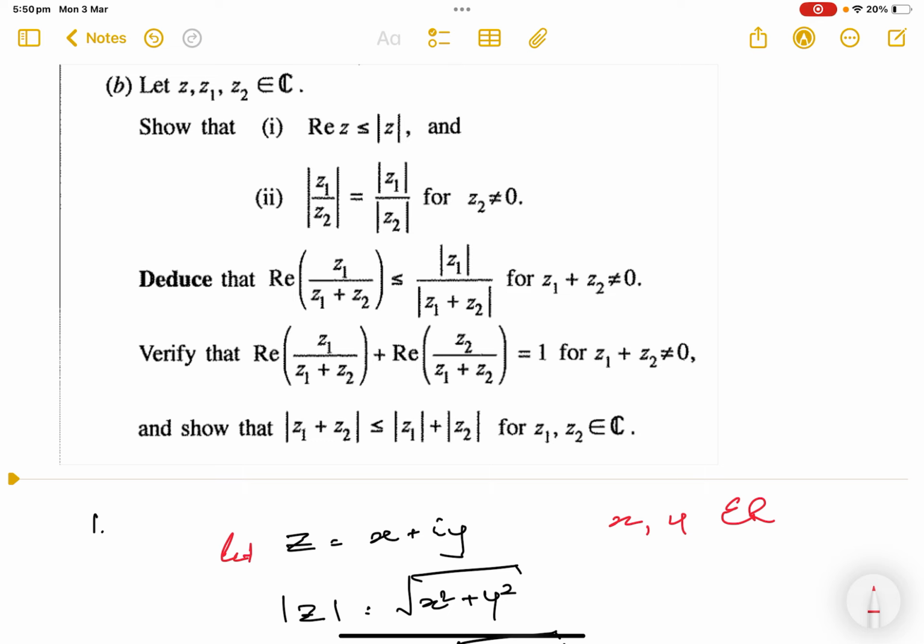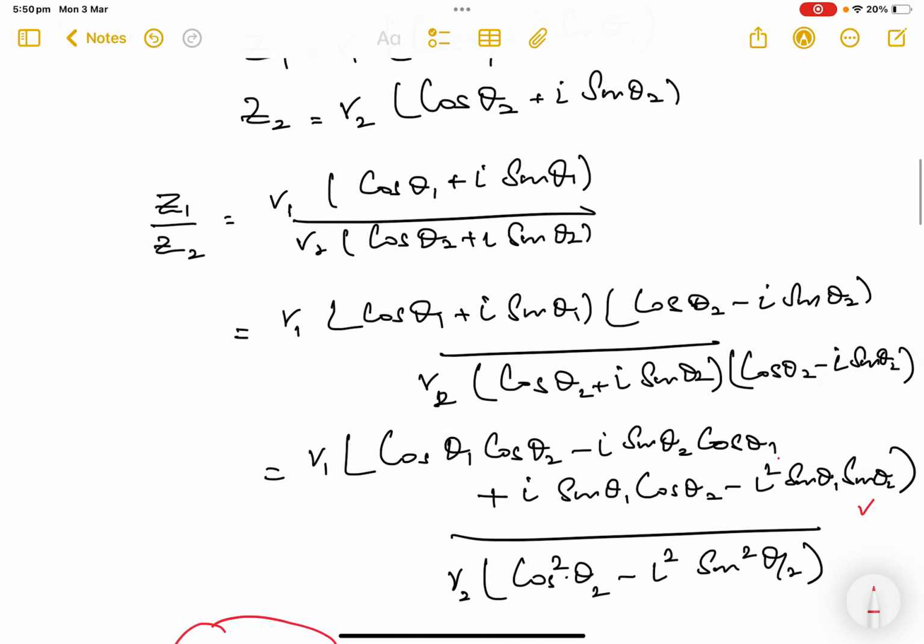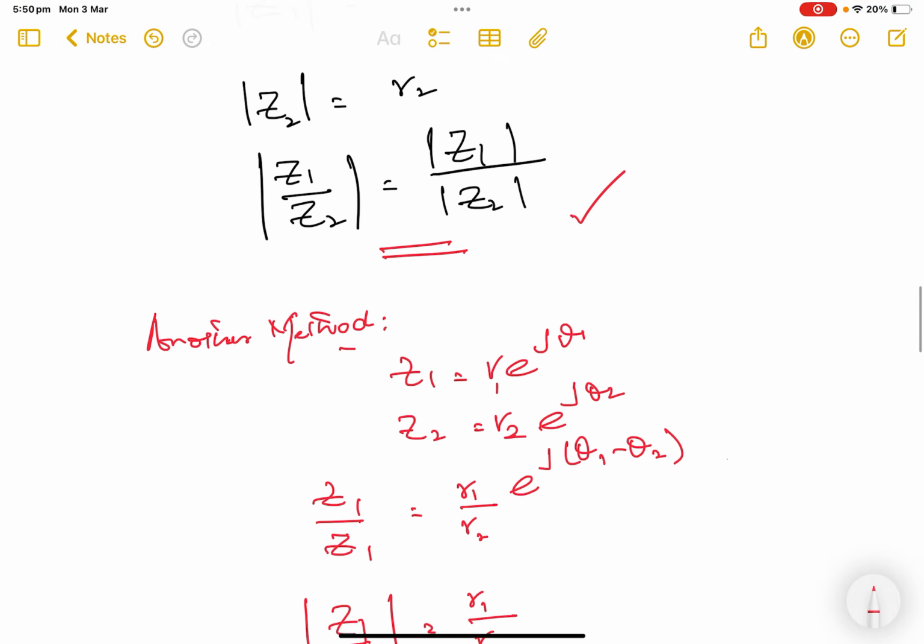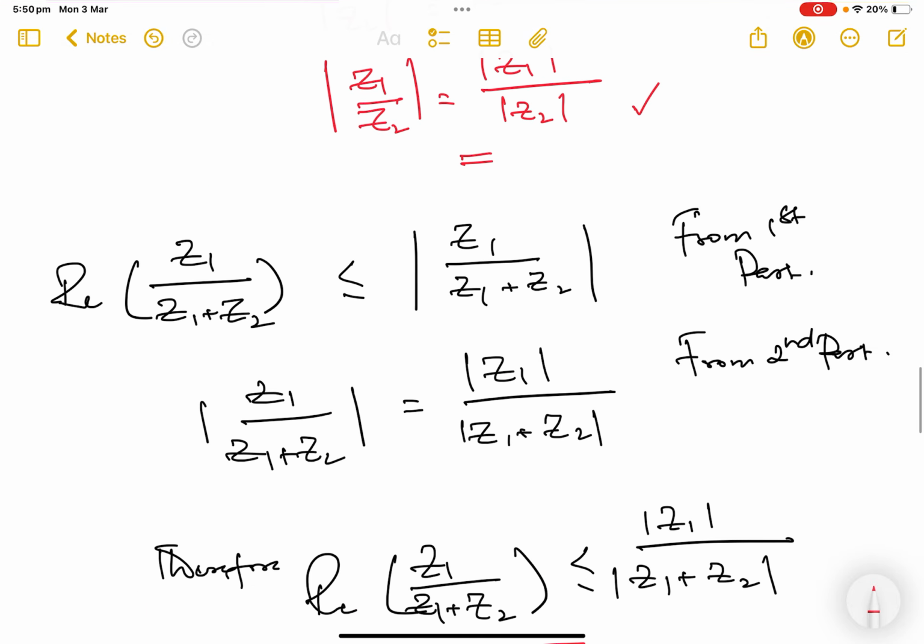Z1 over Z1 plus a complex is a complex. The algebraic operations will keep the complex going. So the real part of whatever complex comes out of Z1 over Z1 plus Z2 is less than or equal to the modulus of Z1 over Z1 plus Z2.